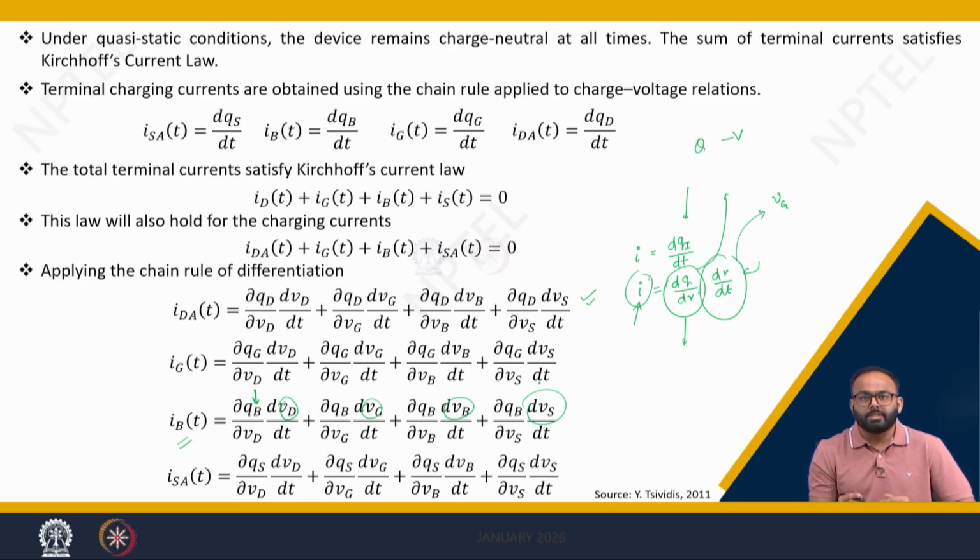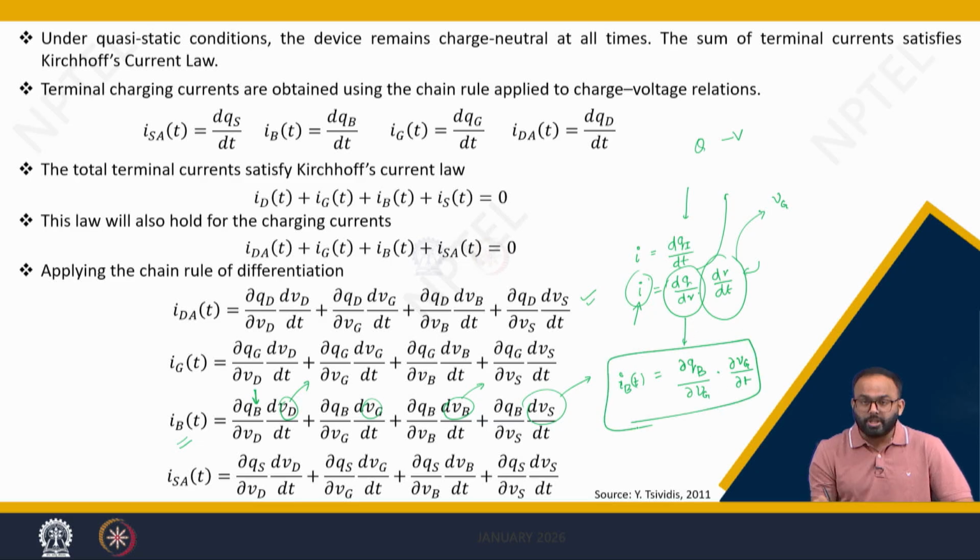If you assume the source voltage is fixed, the body voltage is fixed and drain voltage is fixed, and you only want to see the body current with respect to gate voltage, you can simply rewrite this equation as IBT equals the rate of change of body charge with respect to gate voltage, times how the gate voltage varies with respect to time.